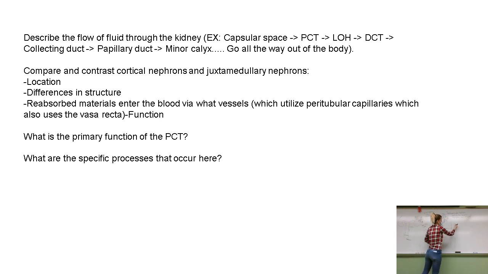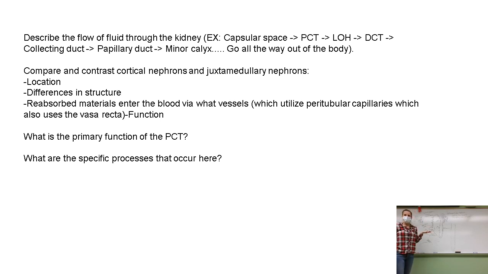But if I'm reabsorbing water along the length of this entire nephron that's a lot longer, there's a lot more area where I'm going to be reabsorbing more sodium and more water. So that means there's less water in the tubule, so less water makes its way through this whole system. Do we have more urine or less urine when we use juxtamedullary nephrons? Less urine. Okay, so we are producing less urine.